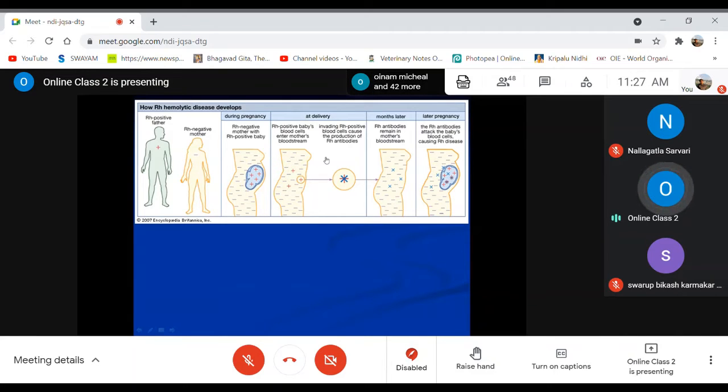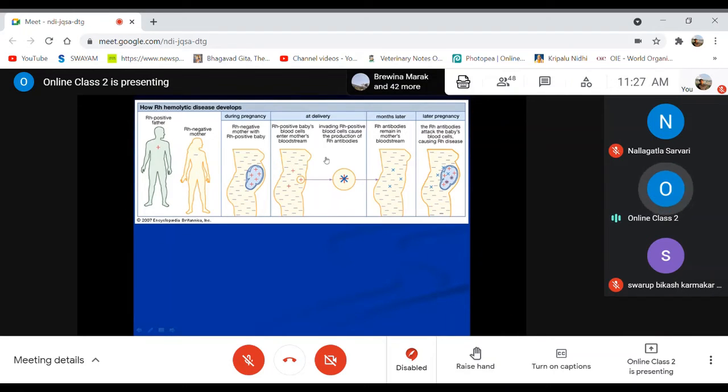This happens in humans because these anti-Rh factor antibodies from inside the mother's circulation cross the placental barrier.